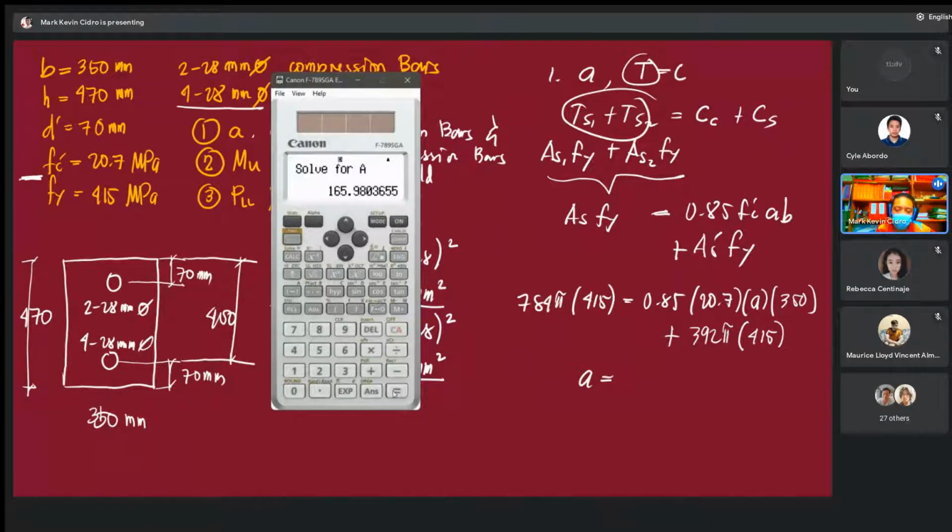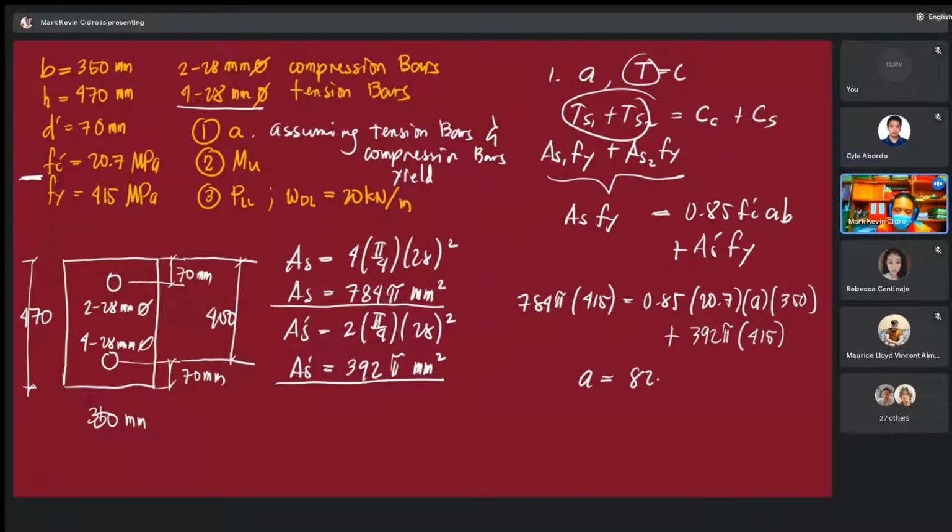Solving for A, the A is 82.99. This is in mm. How about your C? What's the second step? Verify your assumption.